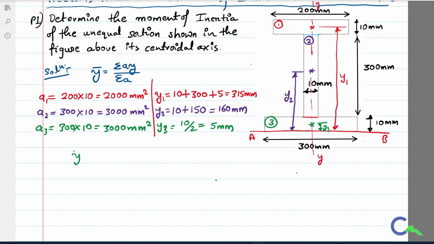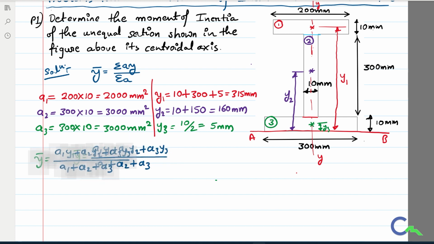So y bar is nothing but A1 y1 plus A2 y2 plus A3 y3 divided by A1 plus A2 plus A3. So this is the formula.